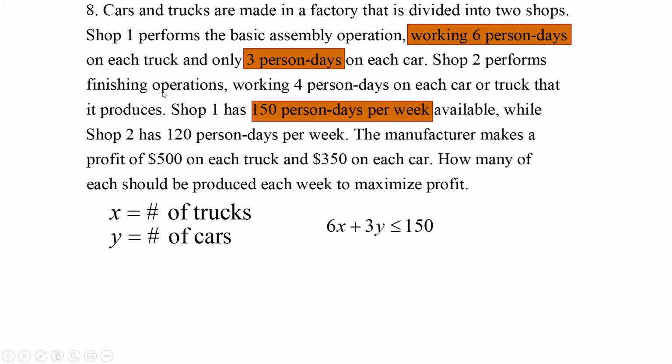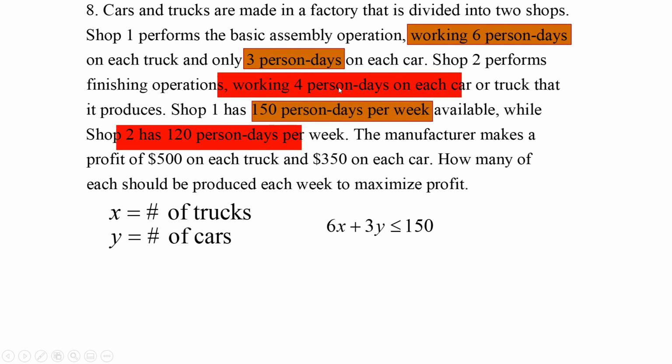Now, I already read this part, but let's read it again. Shop 2 performs finishing operations, working 4 person days on each car or truck that it produces. Shop 1 has 150 person days per week available, while shop 2 has 120 person days per week available.